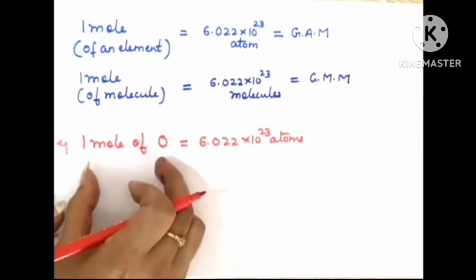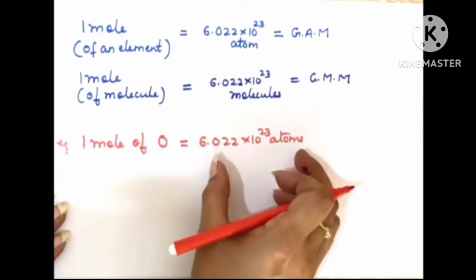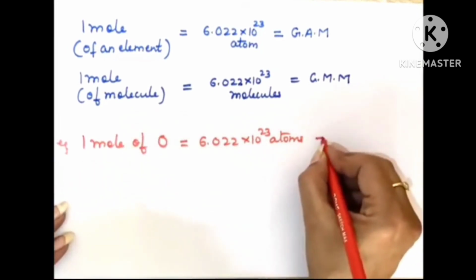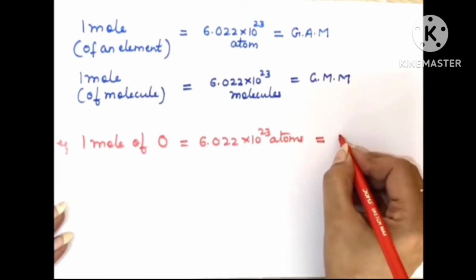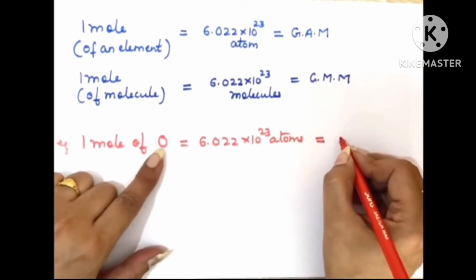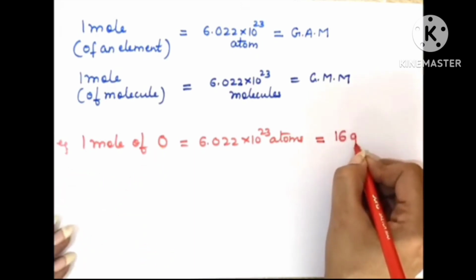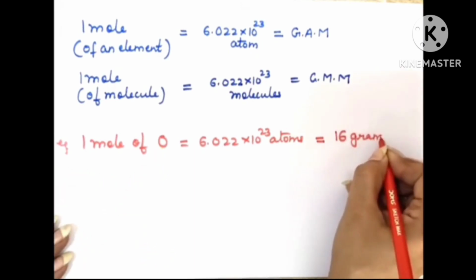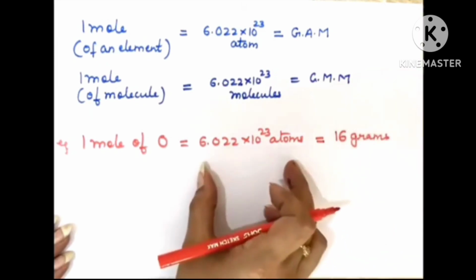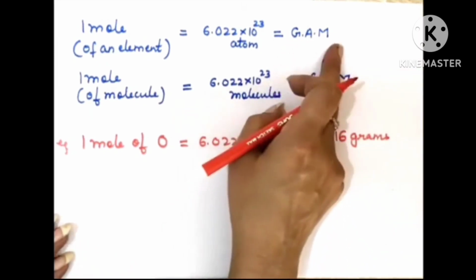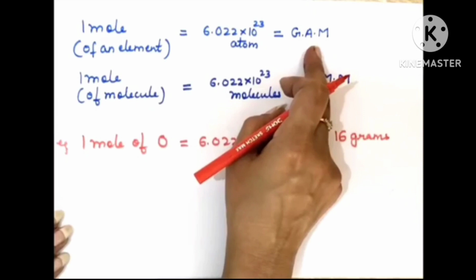And the mass of 1 mole of oxygen, or the mass of these many atoms of oxygen, is equal to its gram atomic mass. We have learned the atomic mass of oxygen as 16, but now I am writing the unit as grams here, because this is the mass of these many atoms, so it should be gram atomic mass written in grams.